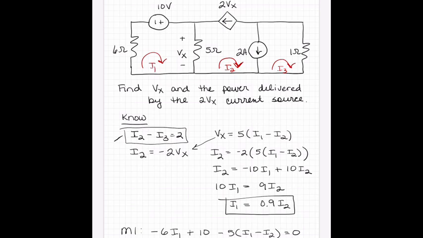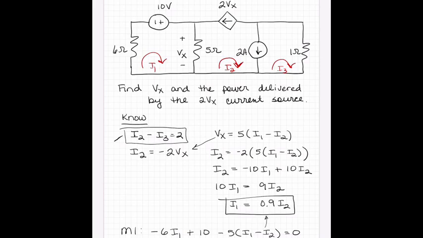So now I have a relationship between just I1 and I2, and I have this other equation here, so I have two equations, two unknowns in terms of I1 and I2. Knowing that I2 is equal to this, even though it's a variable, not a firm number, and that I have this other relationship here, I'm really done as far as mesh analysis goes for solving the mesh current variables.